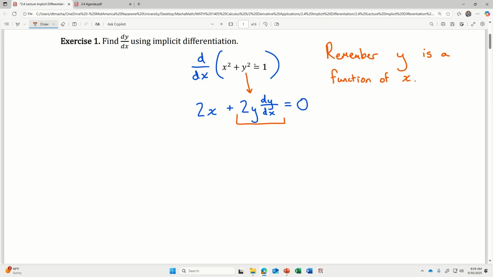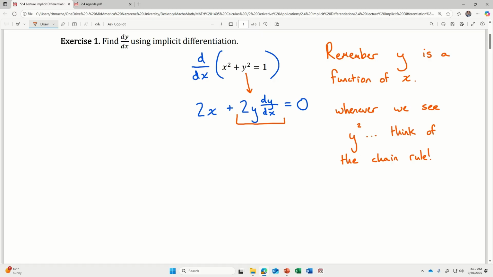So whenever I see y squared, think of the derivative chain rule. And the derivative chain rule says this.